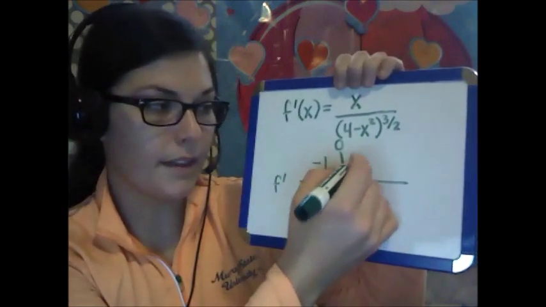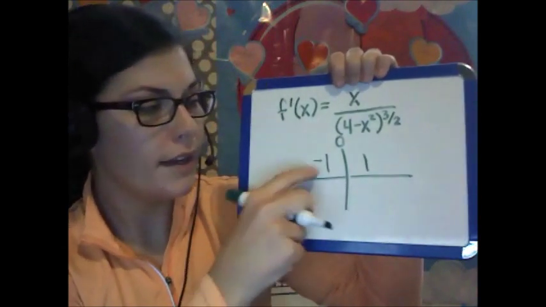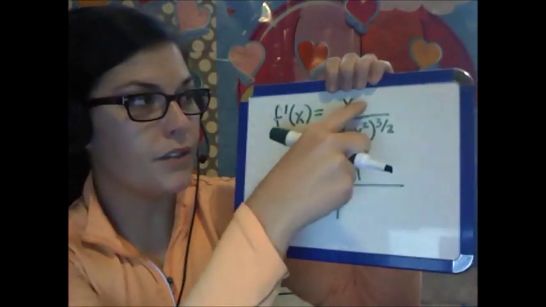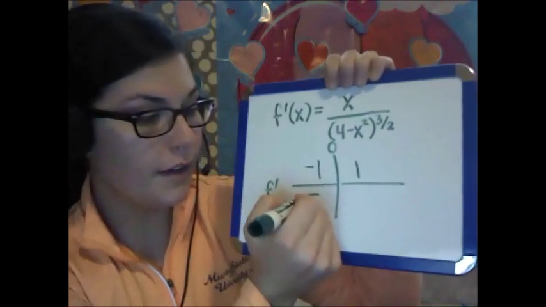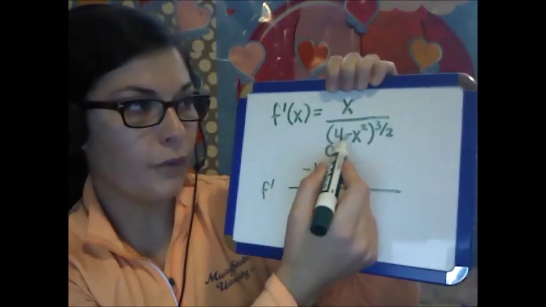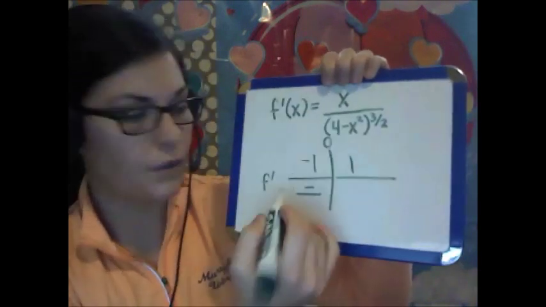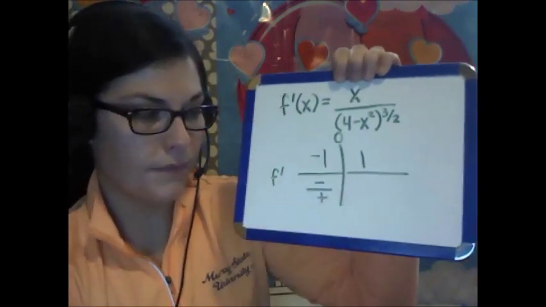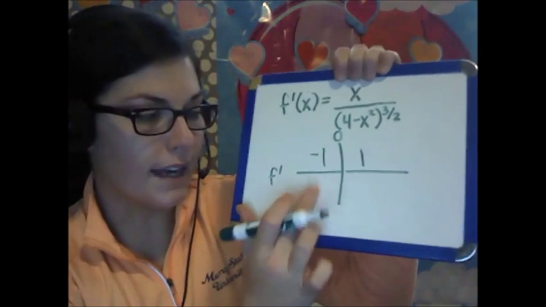And we're going to pick something that's greater than 0. So let's say positive 1. If I substitute negative 1 into this function, I have negative in the numerator, and in the denominator, 4 minus a negative squared. Okay, so we have 3, and then we're raising it to the 3/2, so that's positive. So negative divided by positive is a negative number.